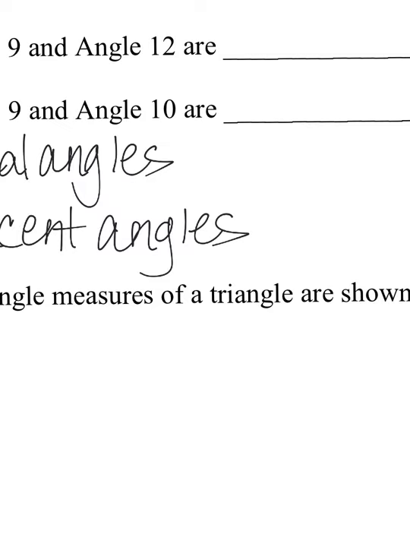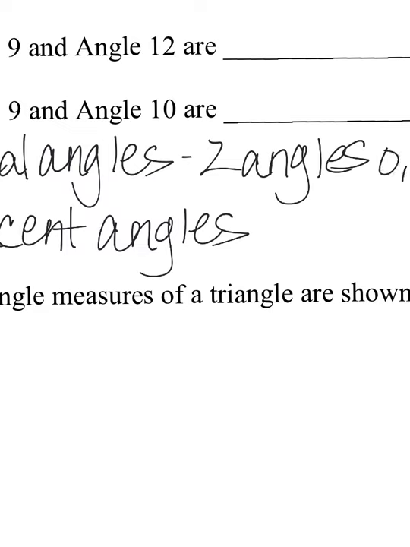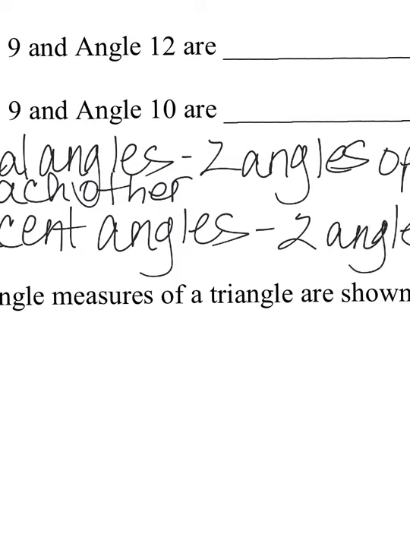The definition for vertical angles is two angles opposite each other. And adjacent angles are two angles side by side.